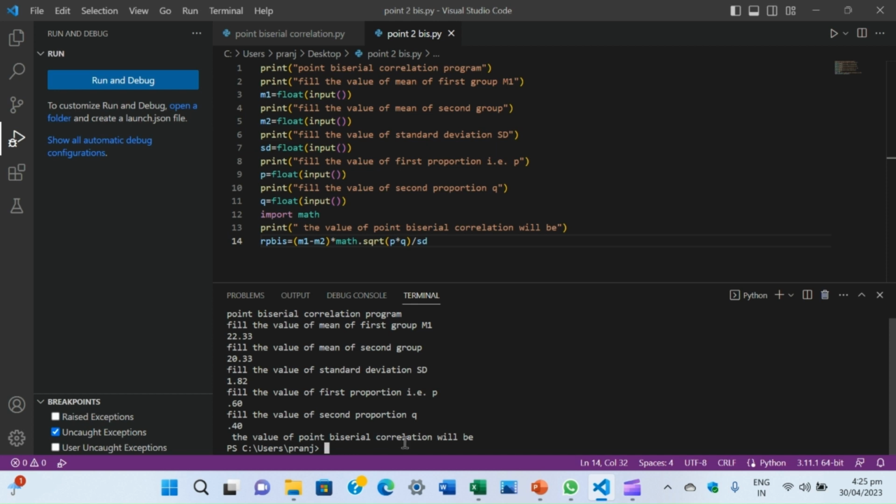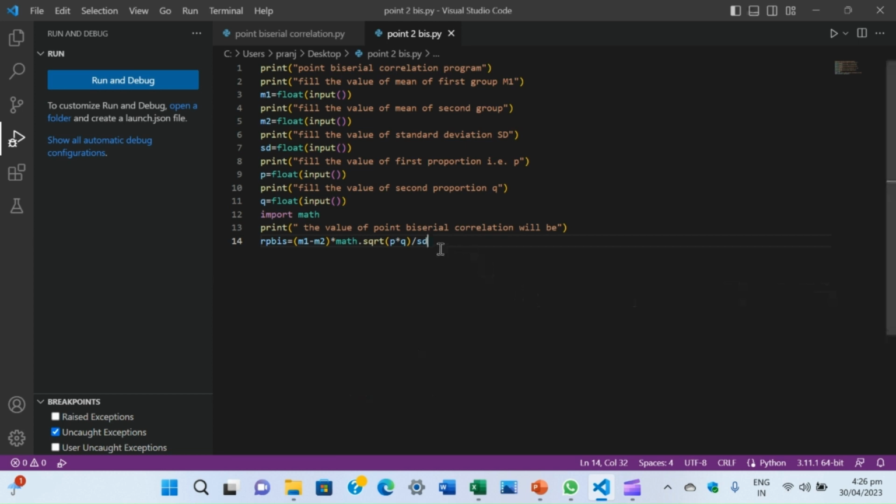and the value of the point biserial correlation should be visible here, but the result is not being shown because in the last line we have not inserted the tag for print. So we delete the output, and again we write print result, which was not written, so it is not showing here.